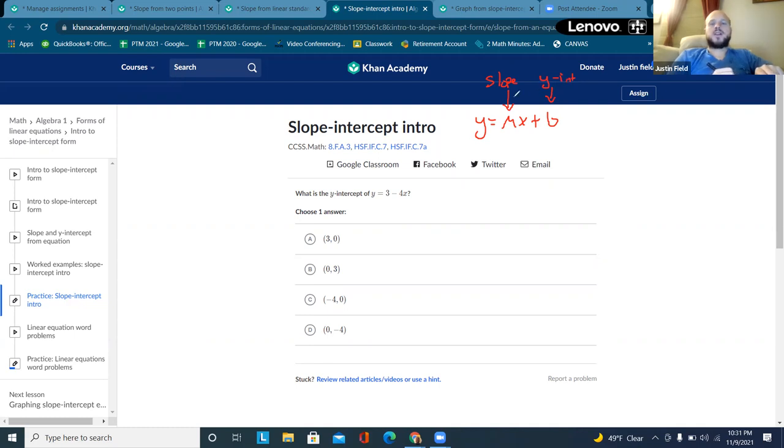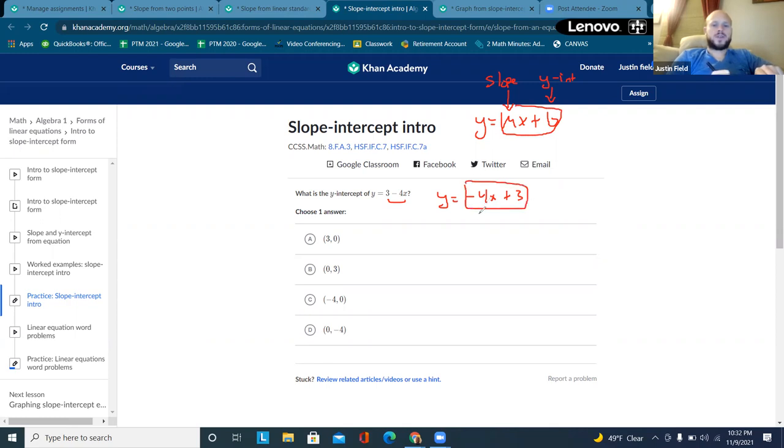And this is only when the equation is y equals, okay? And then if they try to fool you, 3 minus 4x, you can rewrite it as -4x plus 3, right? So that it looks like this. Now we can see they look the same.